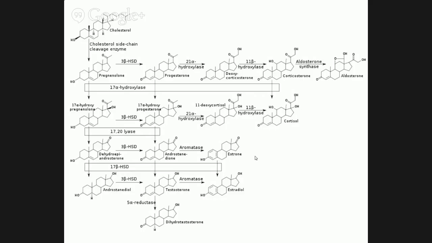So again, the point of this picture wasn't to scare you with all sorts of different chemical structures. I just wanted you to see some of the relationships. Everything's derived from cholesterol. Progesterone is an early variant of cholesterol, which is the precursor to a number of other molecules.